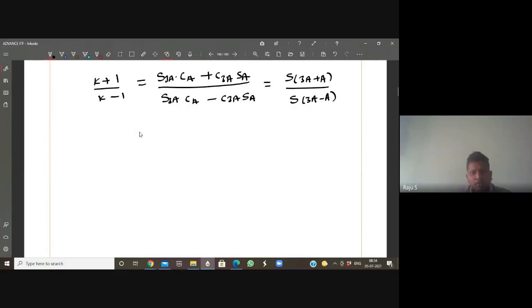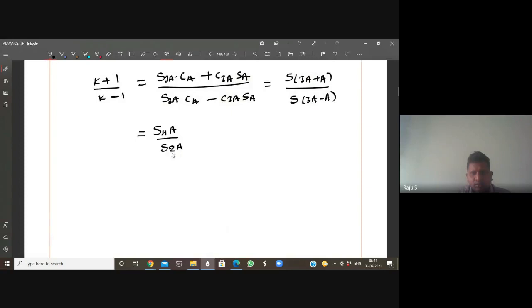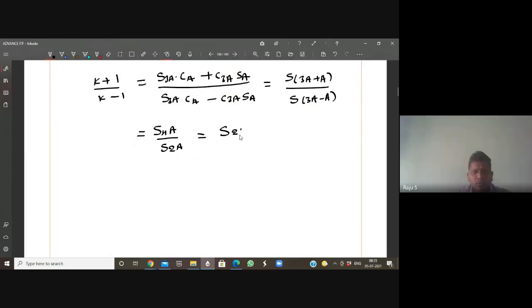So now this is equal to sin 4a by sin 2a, we got it. Sin 4a, but we require the value of sin 3a by sin a. In the denominator we got 2 sin 2a. Sin 4a, shall I write 4a as 2 times 2a?